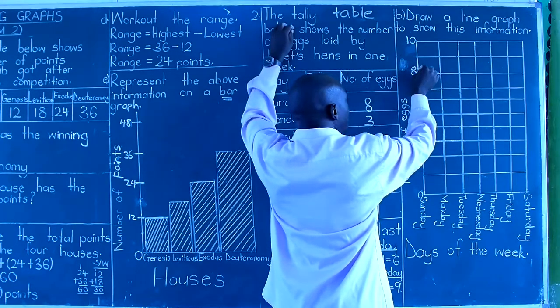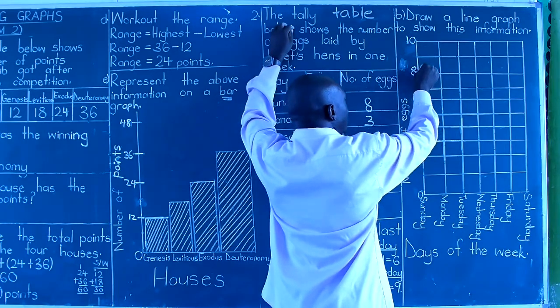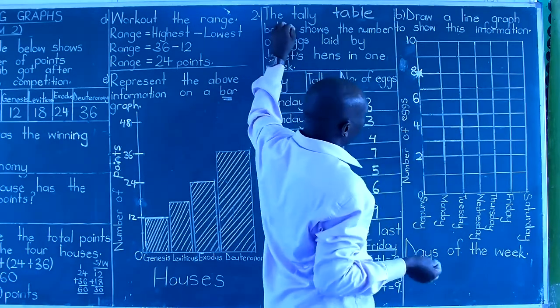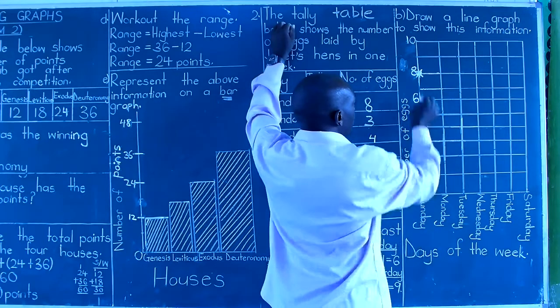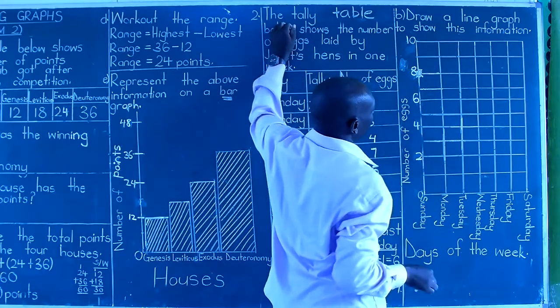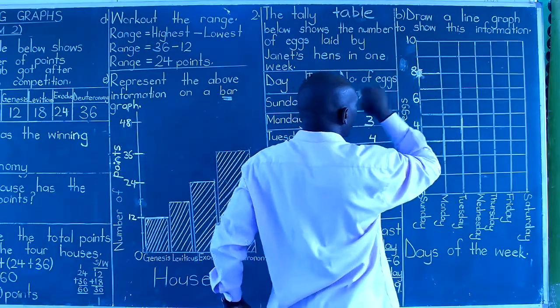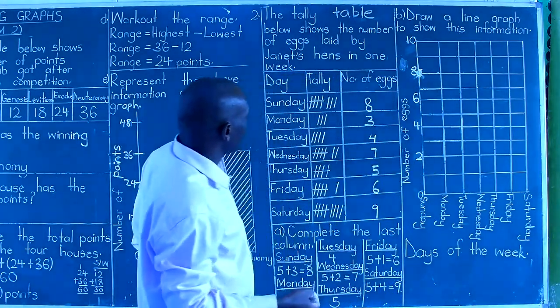So you can use a star or a box, or a dot like this. I've chosen to use dots like that. That is 8 plotted properly. So 8 eggs were laid on Sunday.